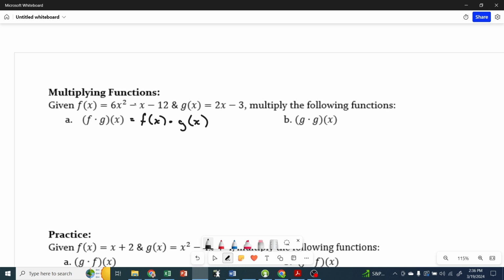So we would say that we have 6x squared minus x minus 12 times 2x minus 3. Now, because we know that we can change the order of the distribution, I'm going to distribute this way. Why do I want to do that? Because it's going to be less work.